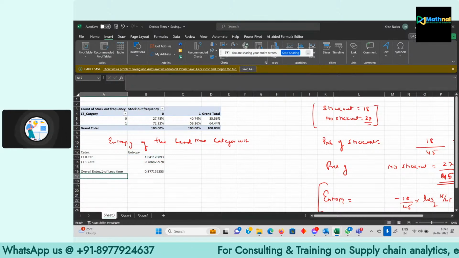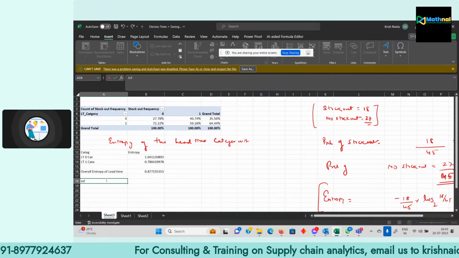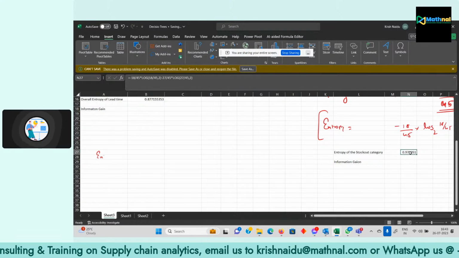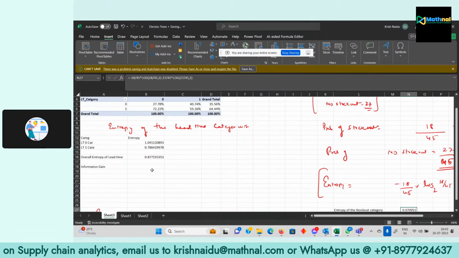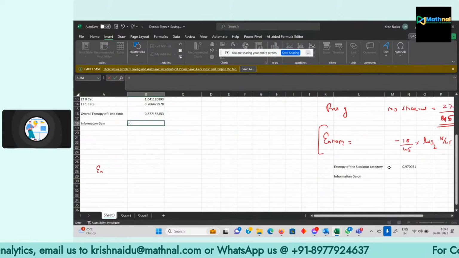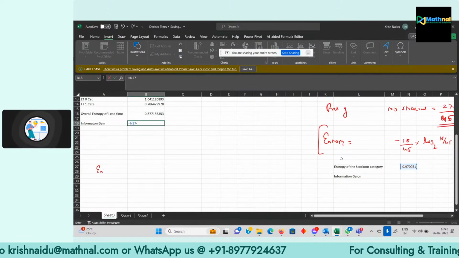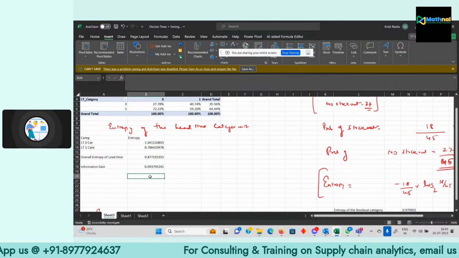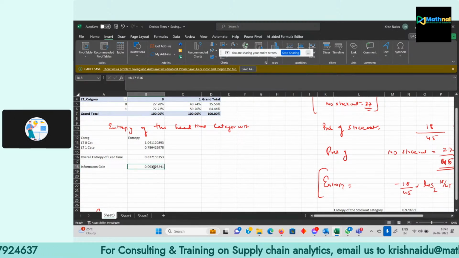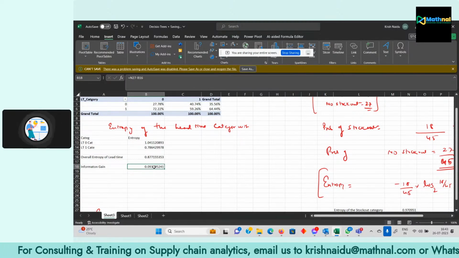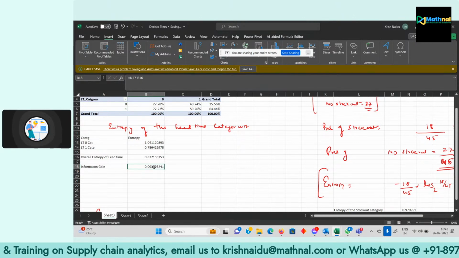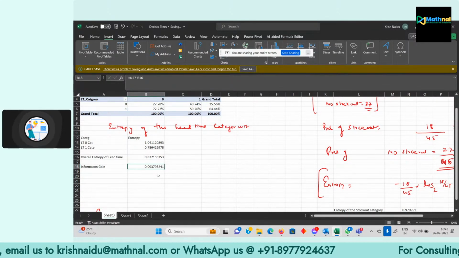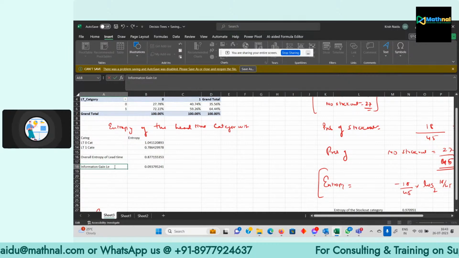So this is my overall entropy, and I have to measure the information gain now. The information gain is how much was the initial entropy minus how much is the entropy coming from the lead time. That is 0.09. So information gain is how much entropy we were able to reduce. That's 0.093 coming from lead time.